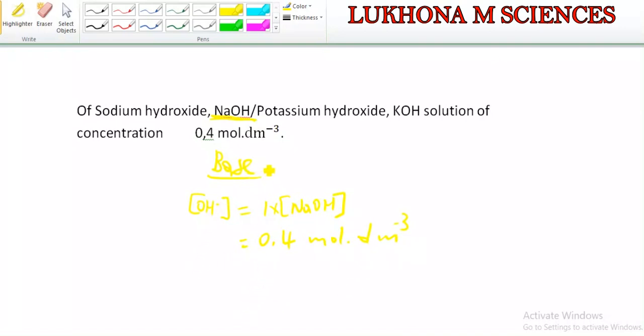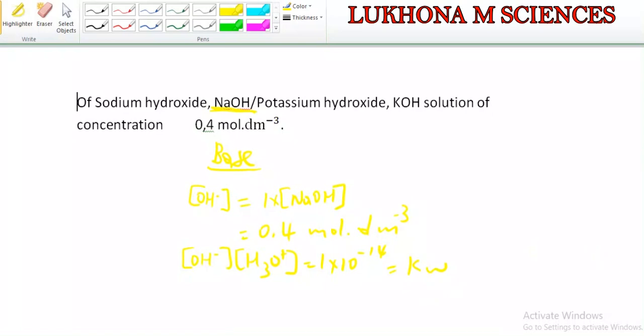Therefore, since we are given the base, we are going to use KW, that is OH minus times H3O plus, which is equal to 1 times 10 to the power negative 14. This is KW.